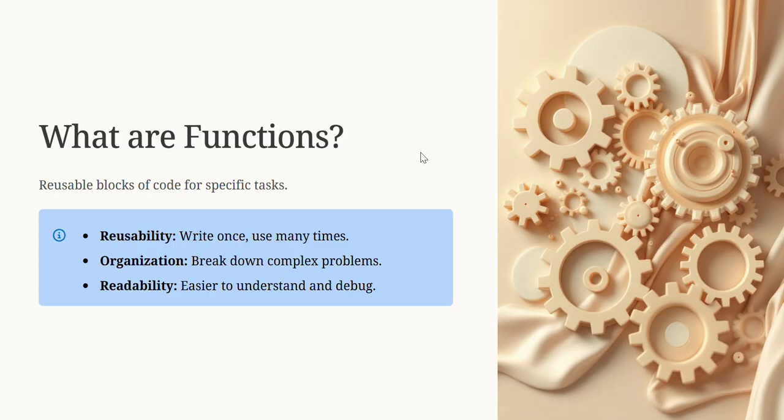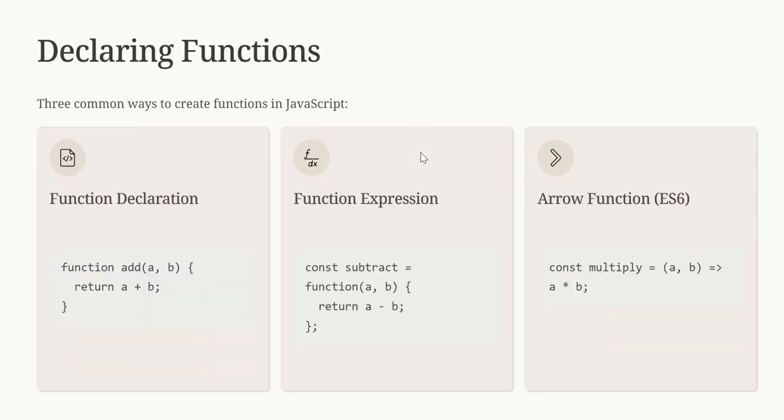So now let us discuss the next topic, which is functions. What do functions actually mean? Functions are reusable blocks of code for specific tasks. The main benefits of functions are three: reusability, organization, and readability. There are three common ways to create functions in JavaScript: function declaration, function expression, and arrow function.